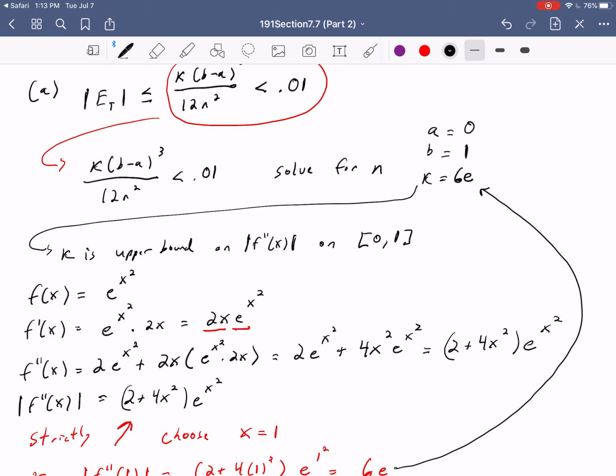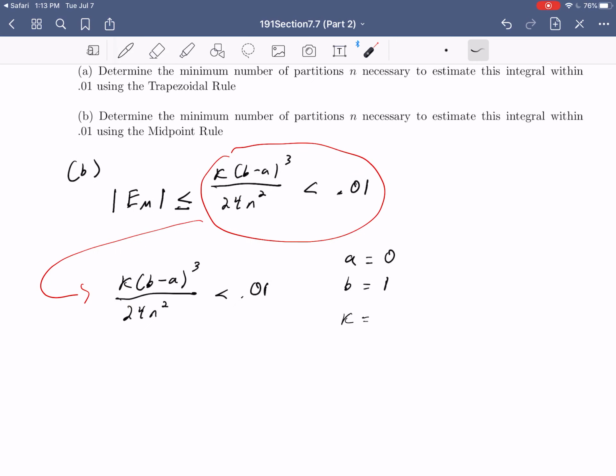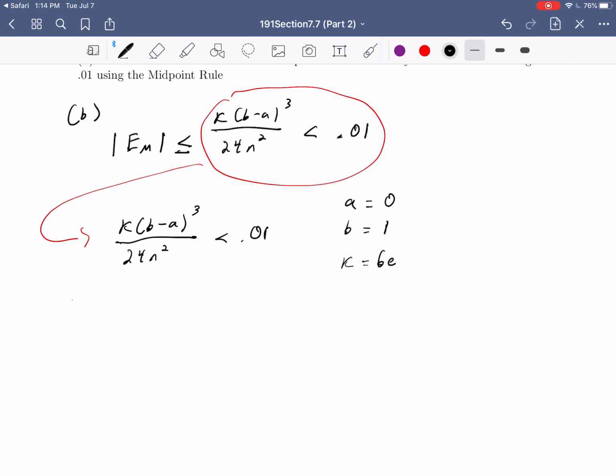And k, well, the k is the same for these because it's that upper bound on the absolute value of the second derivative. So that k is still going to remain 6e here. Plug that stuff in, and we get 6e, (1 minus 0) cubed, over 24n squared is supposed to be less than 0.01.